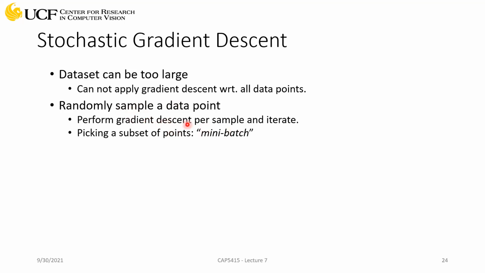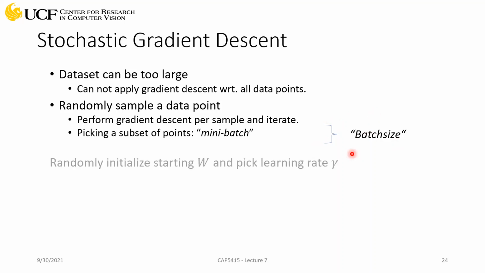Therefore, what we do is we take a bunch of samples, which we call a mini batch. And this is called the batch size in your training. Once you have that batch, you can compute the loss function, because then that loss is not based on one sample. It's an average loss based on all the samples in that particular batch.